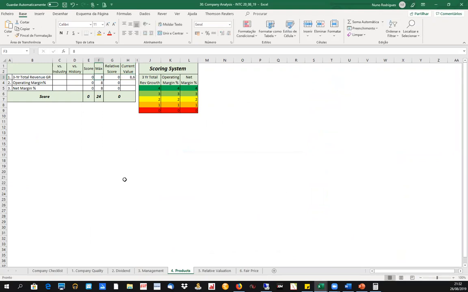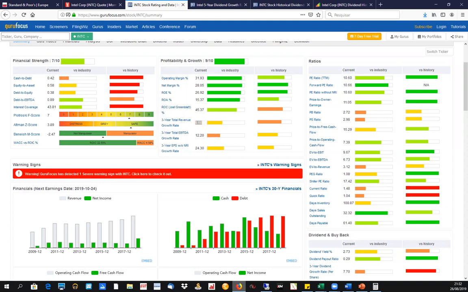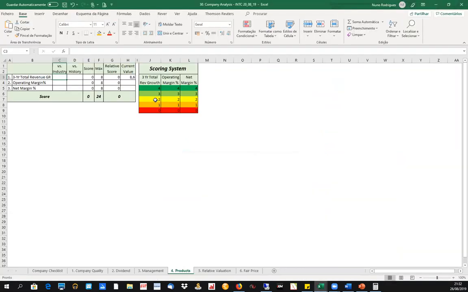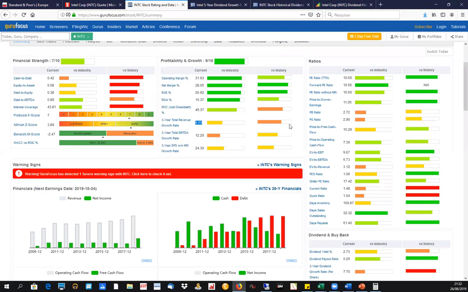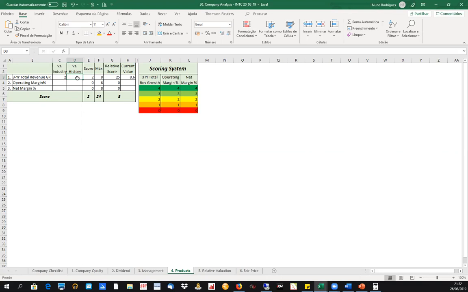Now let's score this. Versus industry, yellow, so we score a 2. Versus its history, we have an orange, so for an orange, we score a 1.